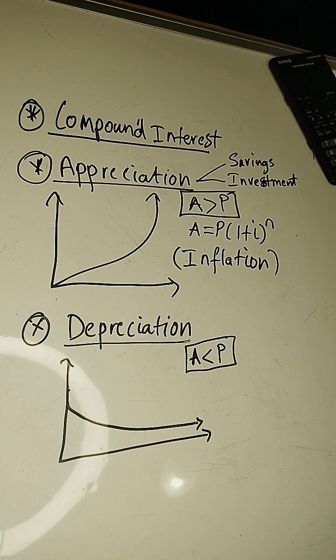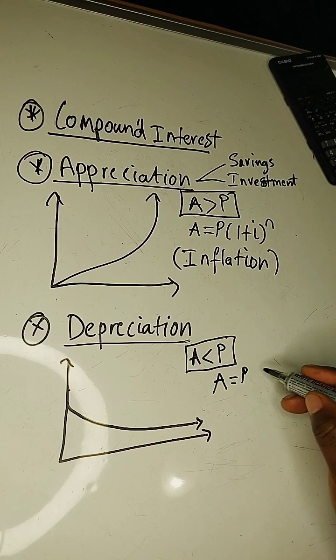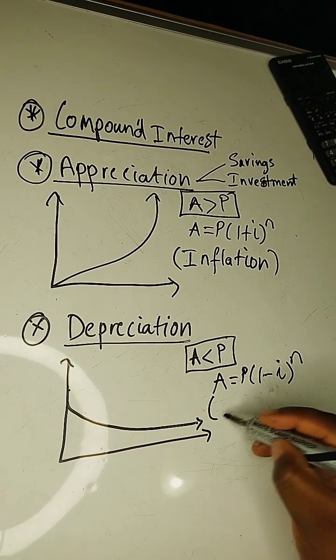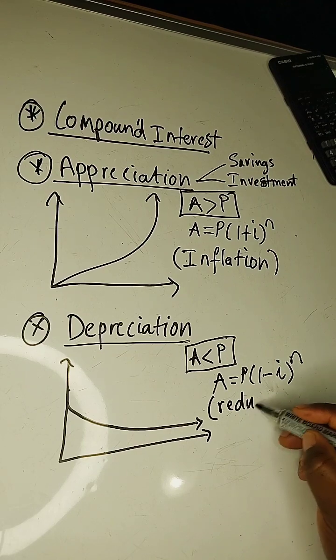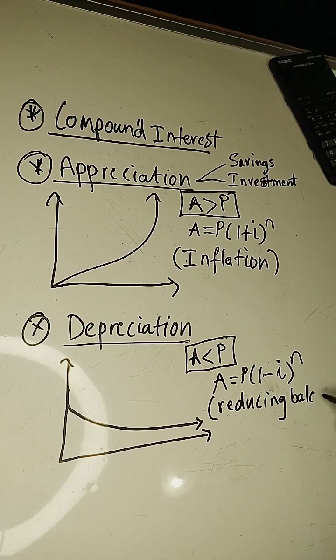The formula for this one says A is equal to P into 1 minus I exponent n. This one is called the reducing balance method. Every time you look at this one, you know that it is the reducing balance method.